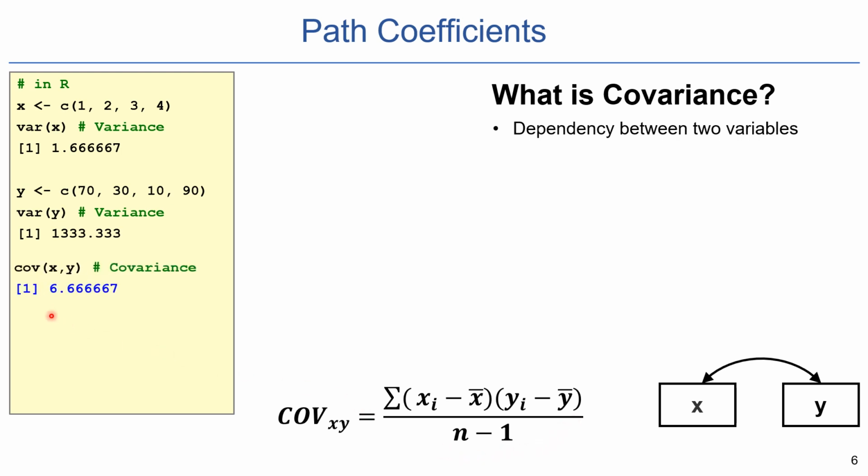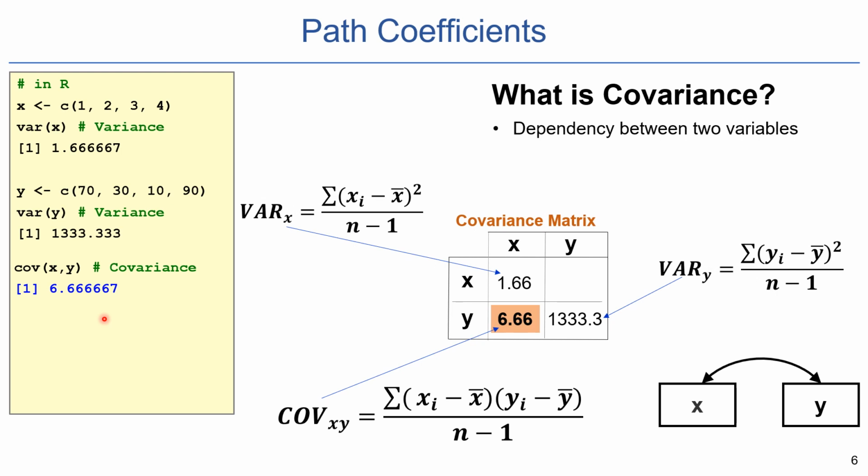In R, we can use the function cov to calculate the covariance between the variables. Here I show the covariance matrix between the variables x and y. As you might know already, the on-diagonal values show the variances of each variable, and the off-diagonal values show the covariances between the two variables.